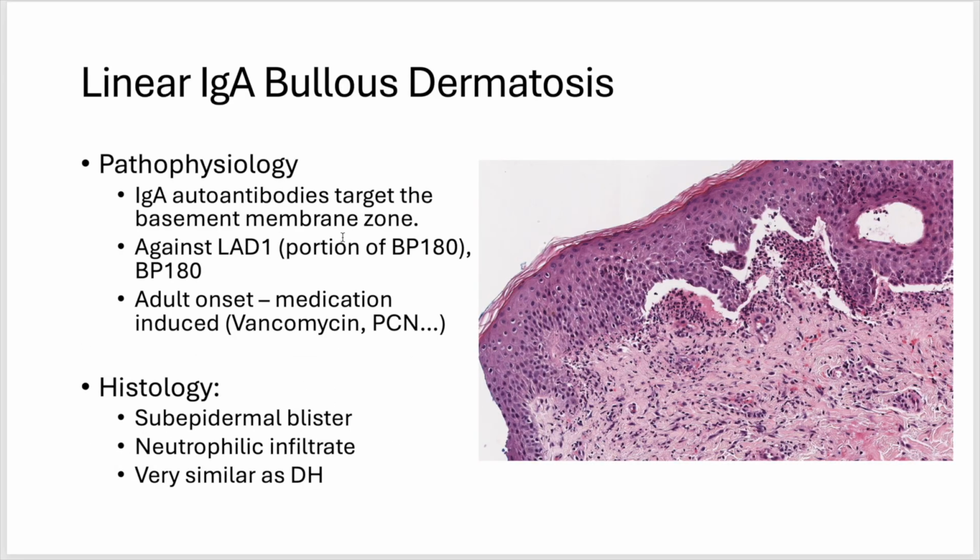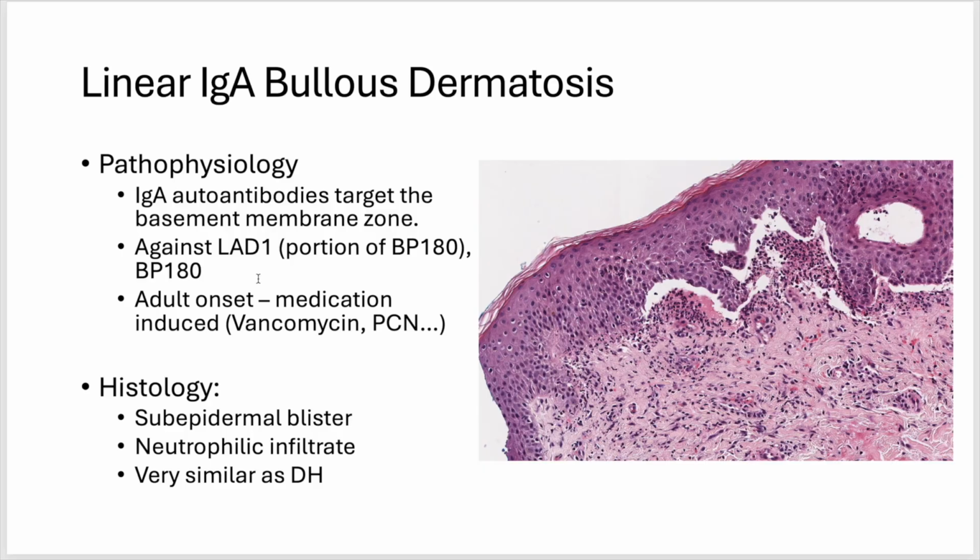Pathophysiologically, the autoantibodies are IgA, as the name implies, and they target the basement membrane zone, just like bullous pemphigoid. Specifically, BP180 or LAD-1. LAD-1 is actually just a portion of BP180. So the pathophysiology is just like BP, but IgA replaces IgG.